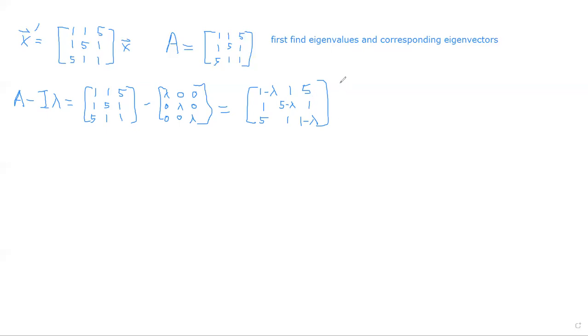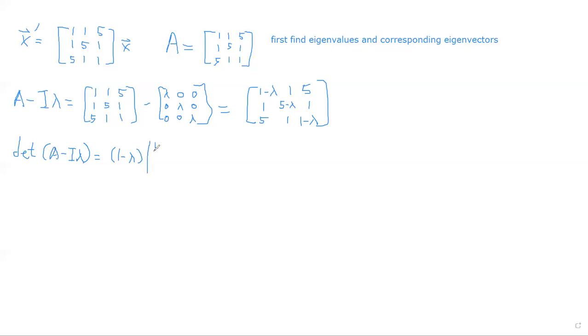Okay, so det of A minus I lambda, det short for determinant. If it hasn't become obvious to you guys, eigenvectors and eigenvalues can only be found on square matrices, n by n matrices. Okay, so that's equal to 1 minus lambda times the determinant of these 4 values.